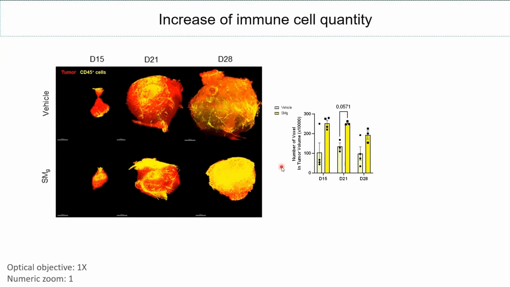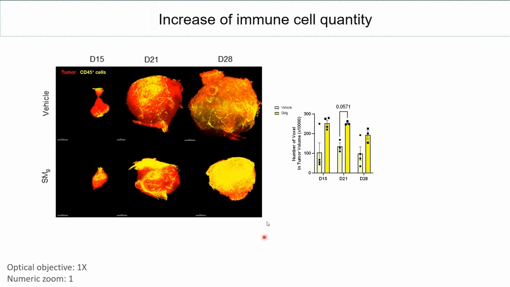To do this analysis, we used really macroscopic images to have the bulk of the tumor, and then we could reconstitute the bulk of the tumor. On the upper images, we have the control conditions, and the SMG, so the Smac mimetic condition, we have the tumors after treatment, 2 weeks, 3 weeks, or 4 weeks after treatment.